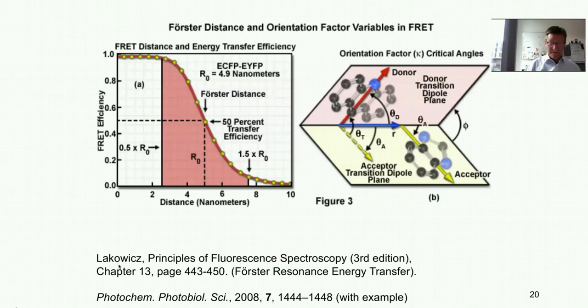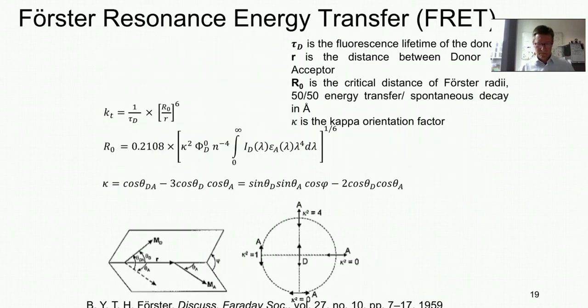Can I ask a question? Sure. On the previous slide, it appears that the direction of the transition moment does not matter because these arrows are double-headed. Is that correct? No, it is the angles of the transition dipole moments. Their direction is not within the model, I would say, although, no, it is, it should be.